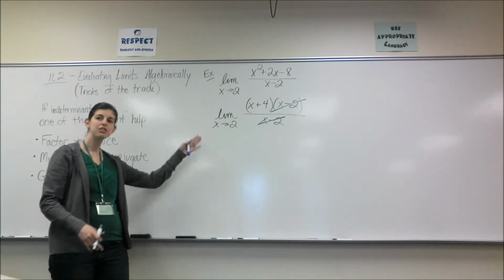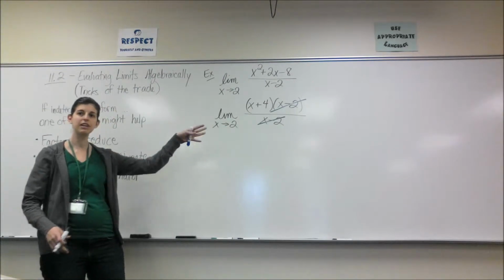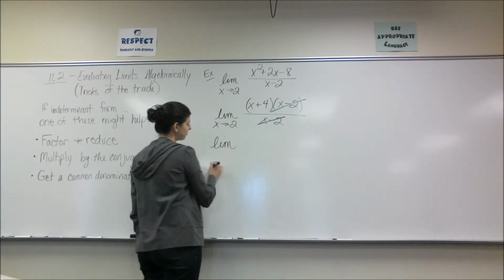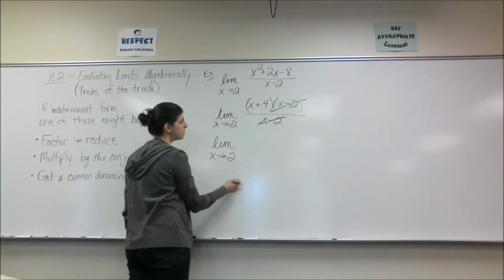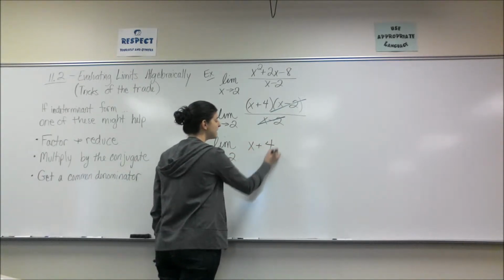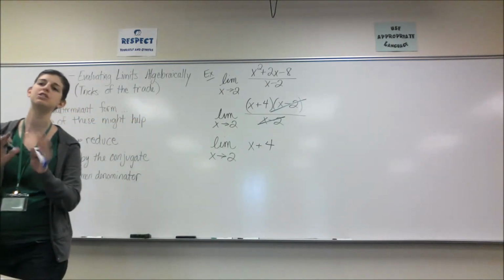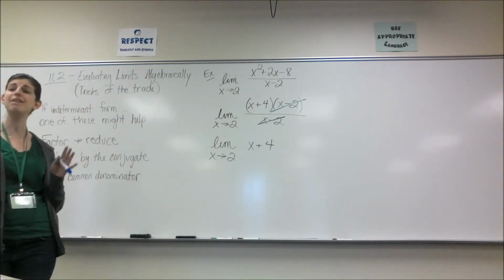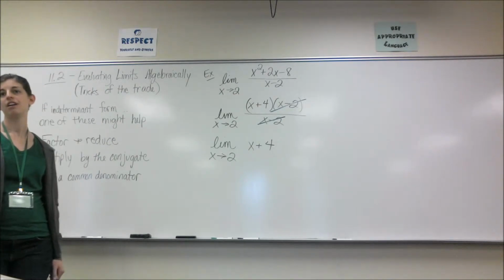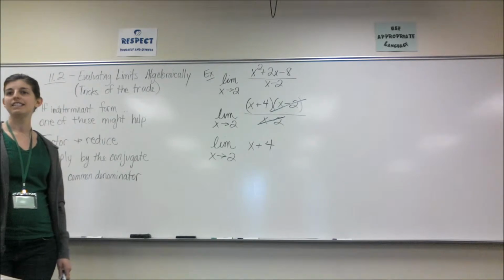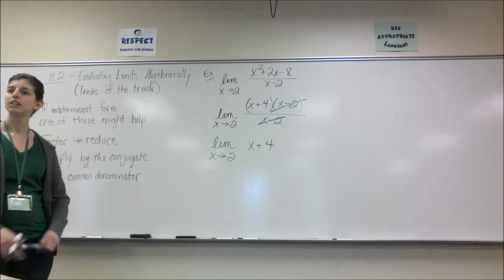We'll talk about what you just found here in a minute after we do another example to get this under your belt. The limit as x approaches 2 then of x plus 4. This is the same function as the one I had to begin with, except at x equals 2 there's a slight difference, but the limit values will be the same. So how can I evaluate the limit as x tends to 2 of x plus 4?